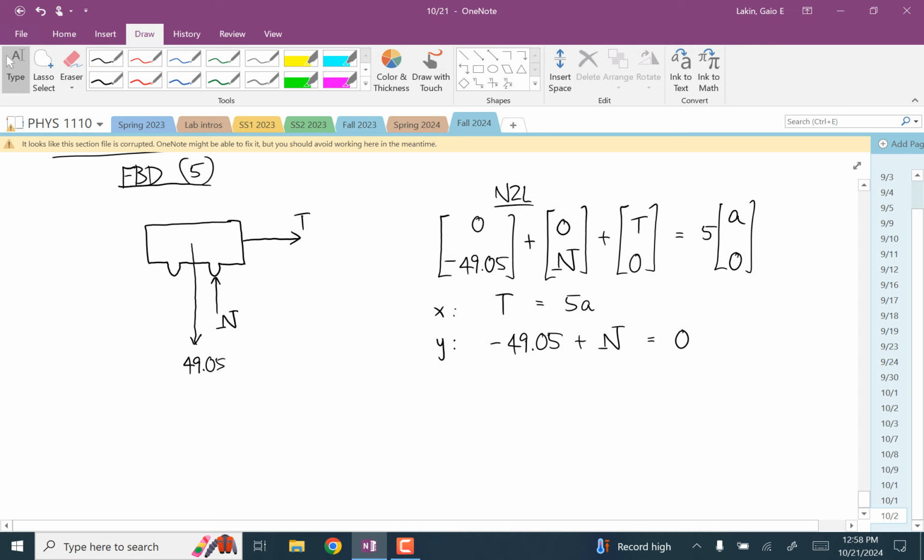But we can't solve anything yet because that's 3 variables and 2 equations. Okay, so now we have to go to the second body. We can't solve these, so we're just setting them aside.